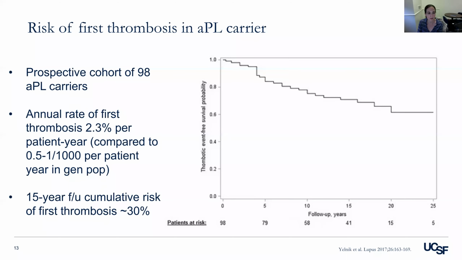What they found is that there was an annual rate of first thrombosis of about 2.3% per patient year. That's compared to about 0.5 to 1 per thousand per patient year in the general population. Over time, they followed patients on average for 15 years. The cumulative risk of first thrombosis, as you can see here in this graph, was about 30%.